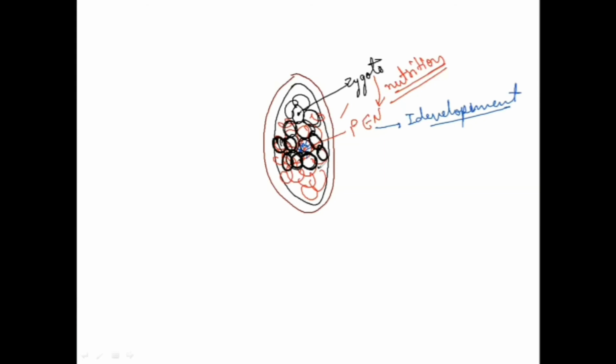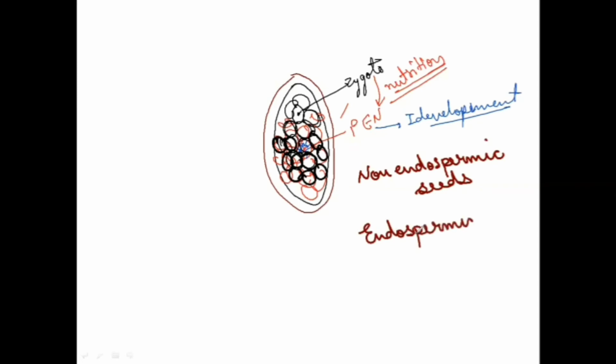Now, the zygote will either consume the endosperm completely, forming non-endospermic seeds, or they will not consume the endosperm completely, forming endospermic seeds. Now, what is the difference between two?